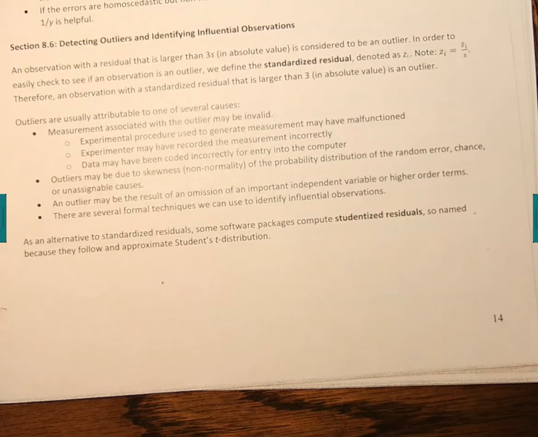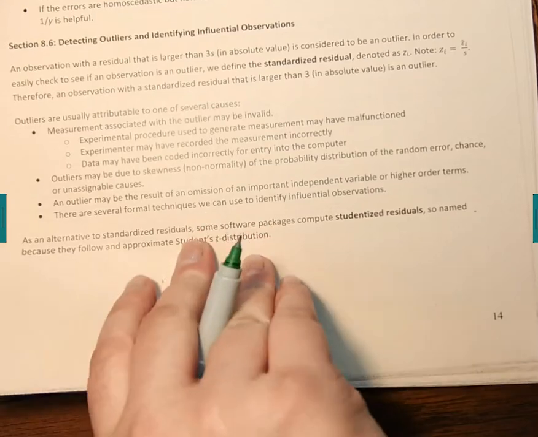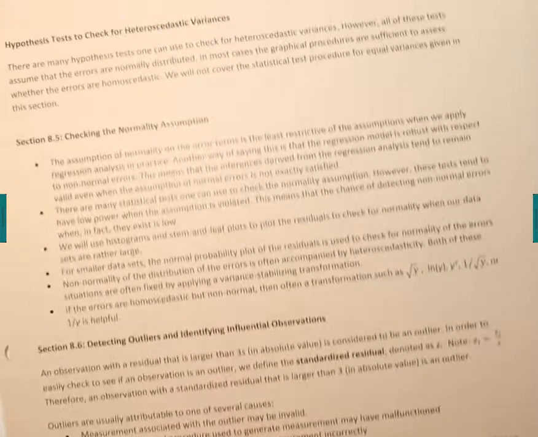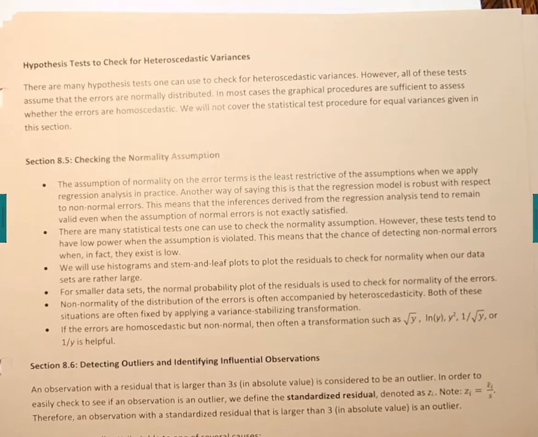There are hypothesis tests that you can perform to check whether or not you have heteroscedastic variances. So in general, plots help inform us of what's going on, but it's always good to do a hypothesis test. And there are many hypothesis tests that you can use. However, one thing to keep in mind is all of these tests assume that the errors are normally distributed. In most cases, the graphical procedures are sufficient to assess whether or not they are homoscedastic.